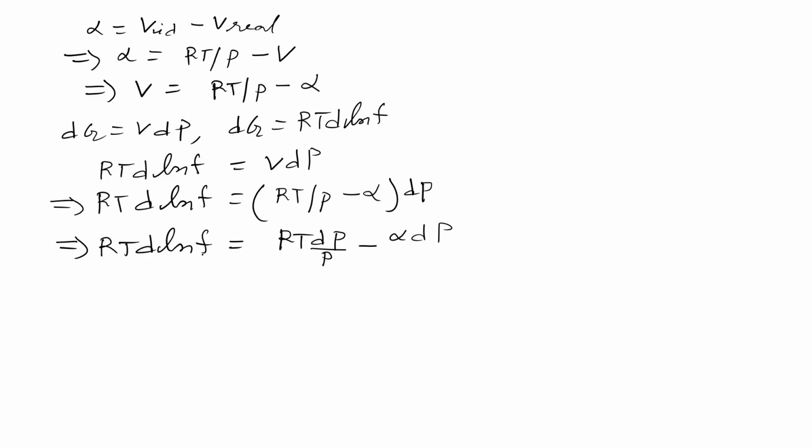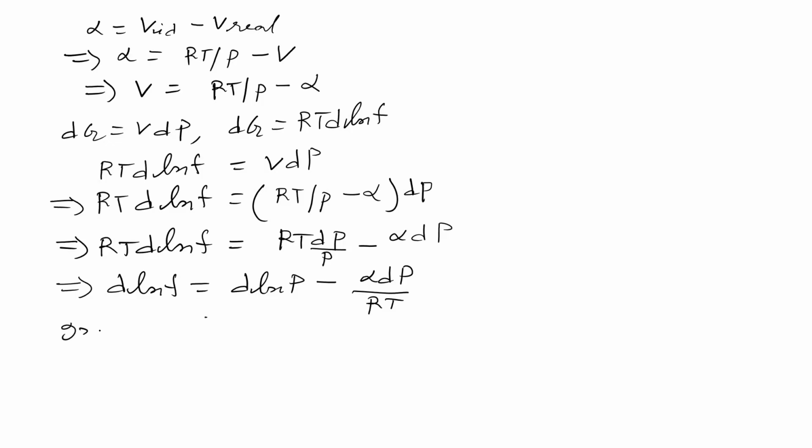Then divide by RT. Then what will we get? We will get d ln F is equal to, this RT gets cancelled, dP by P, which I can write as d ln P, minus alpha dP divided by RT.